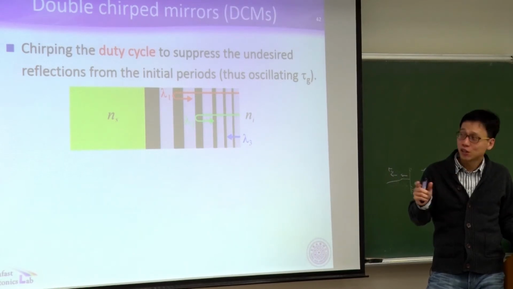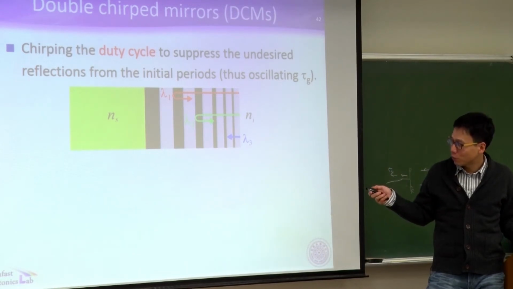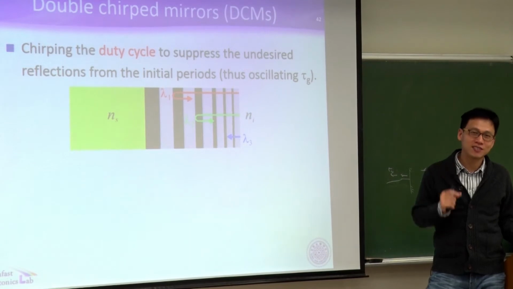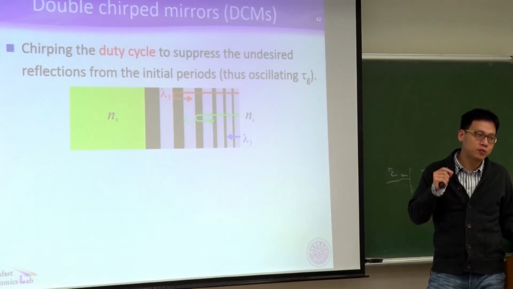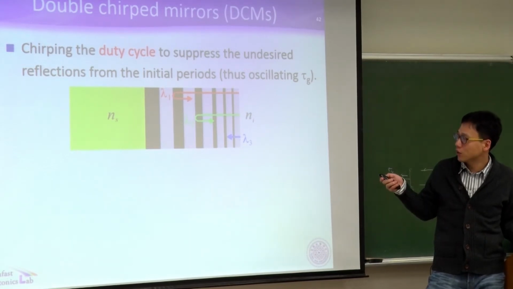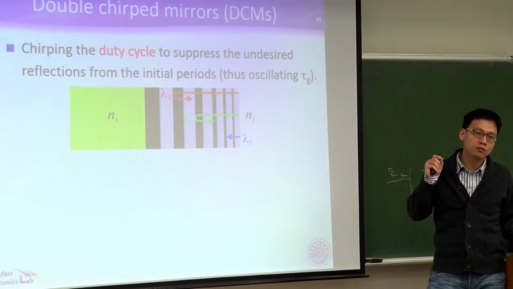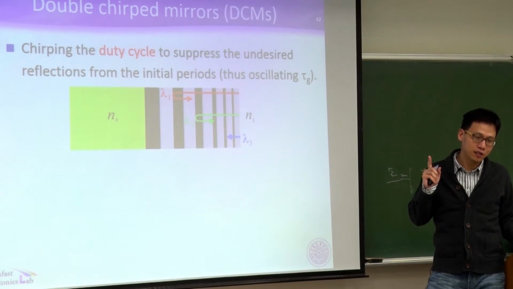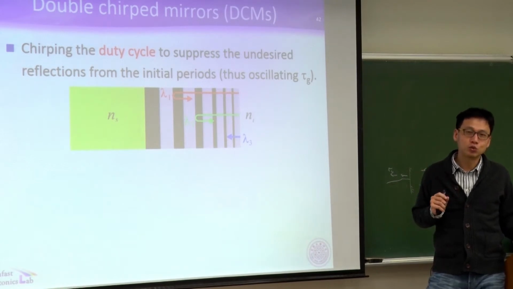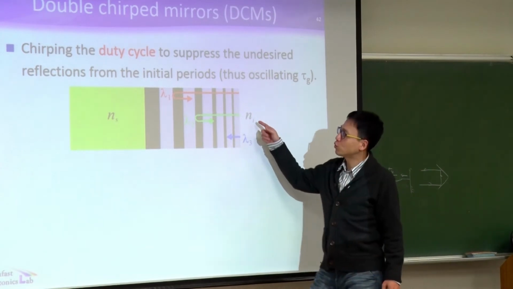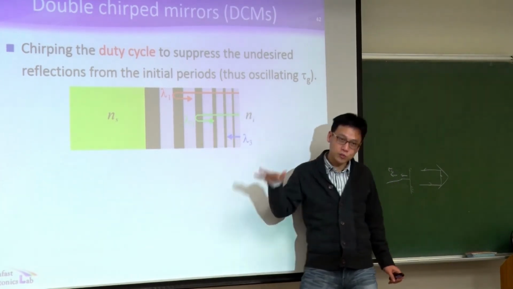Okay, so 0.5 duty cycle means perfect quarter wave thickness. If the duty cycle is away from 0.5, that means partially violating the quarter wave thickness rule. And that means the local reflectance is reduced.